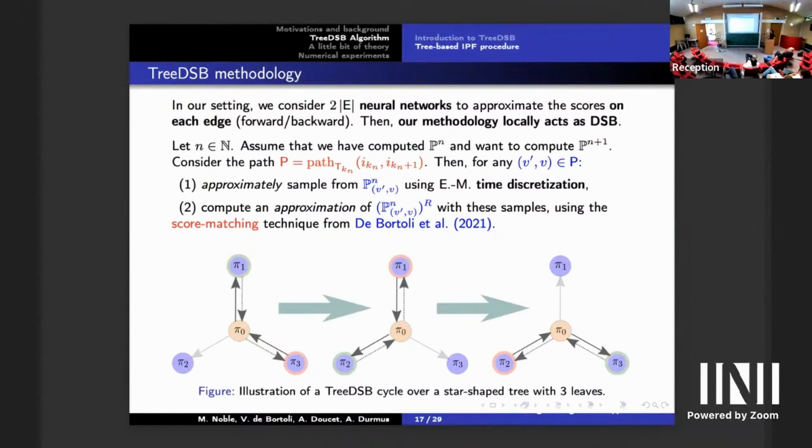Then what I do, with this dotted line, is simply compute the time reversal of this measure and this measure to get back to pi 3. Now I consider this constraint, and I have a new path, which is with the next constraint. So I propagate my path measure, and then I compute the time reversal. And then you do it. And you see that every edge is visited 2 times, one in the forward direction, one in the backward direction.